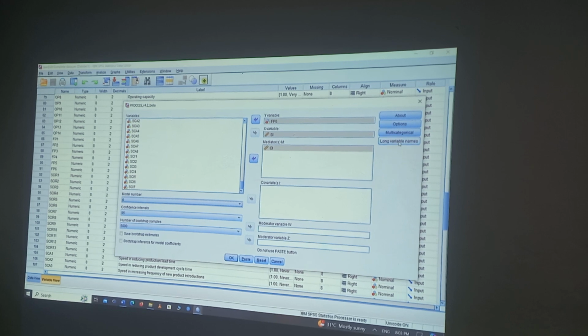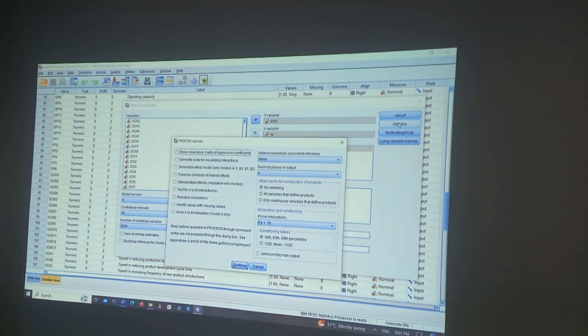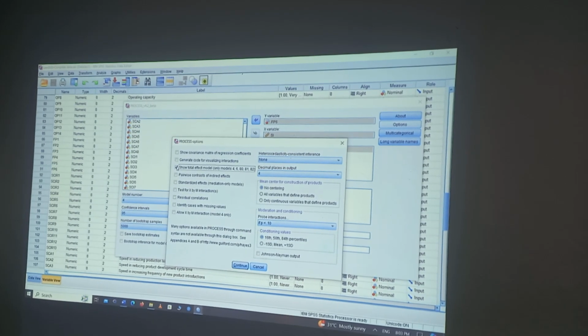So you go here, make a few selections, go to options. You can select show total effect. They are specified there for only models 4, 6, 80, 81, and 82. Okay. Model 4 also allows the X by M interaction.